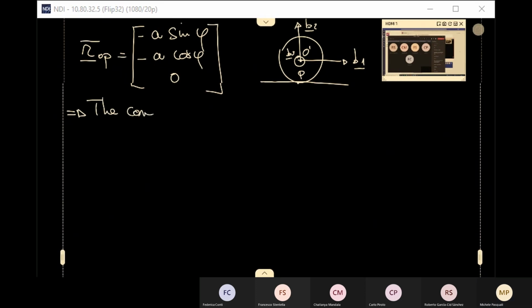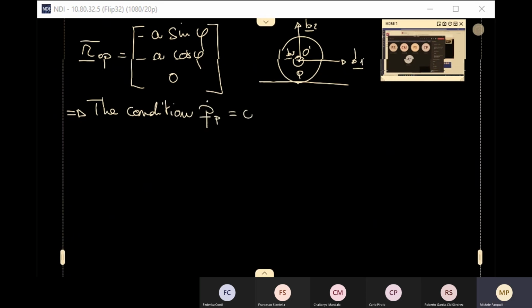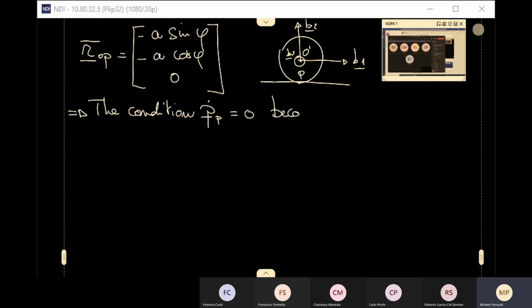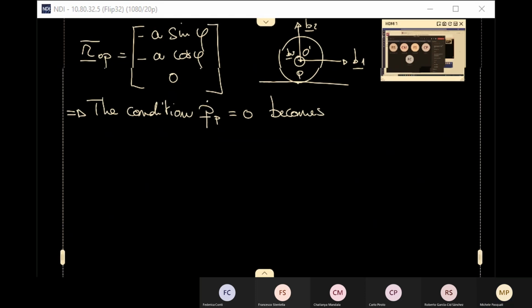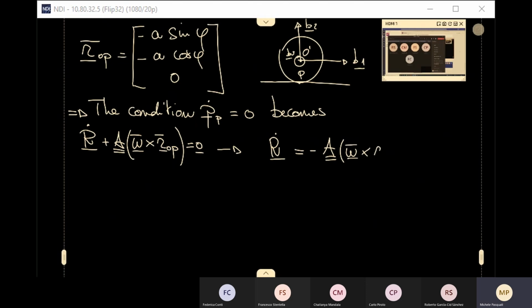The condition P dot equal to 0 becomes, well, we said that R dot plus A acting over omega, applied to R0P bar, is 0, and therefore we can write, for example, that R dot is equal, of course, to minus A applied over omega vector R0P.